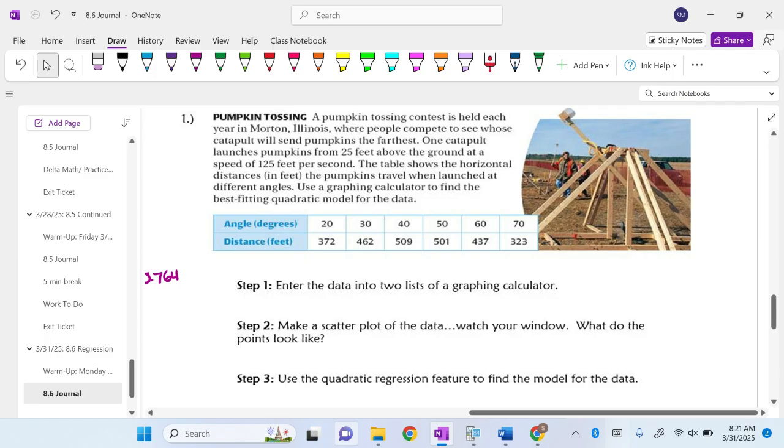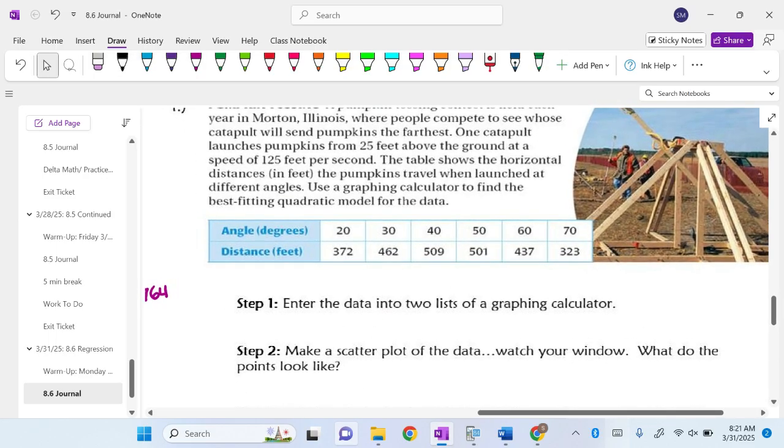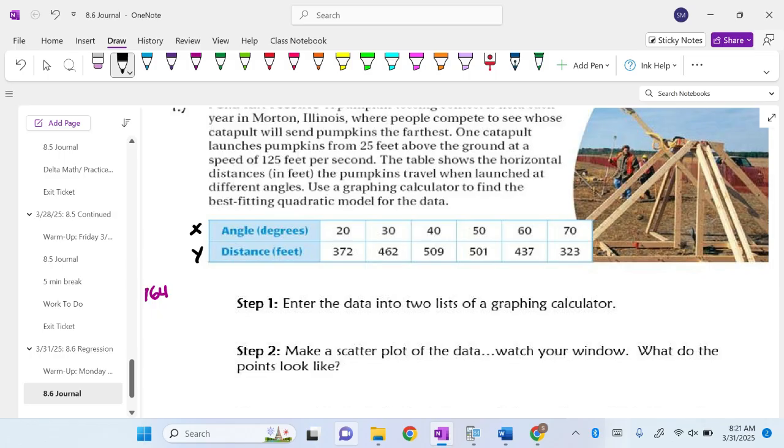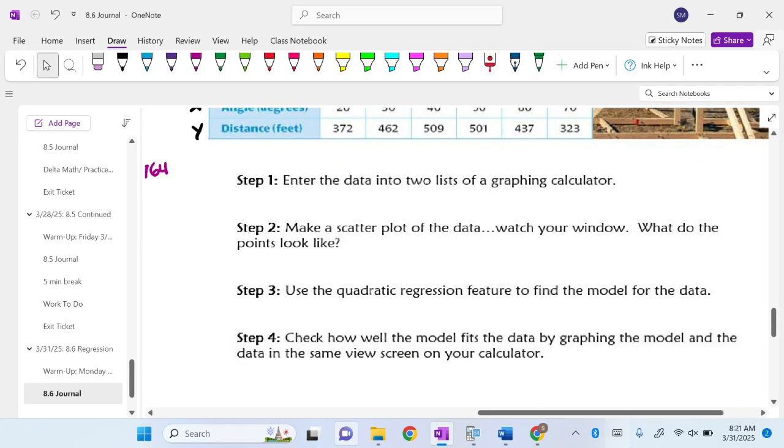For number 1, I want you to put this table into either Desmos or your graphing calculator, where the angle is your X value and the distance is your Y value. So take a minute. Everyone should be putting that into their calculator, and go ahead and find the quadratic regression once you do that.